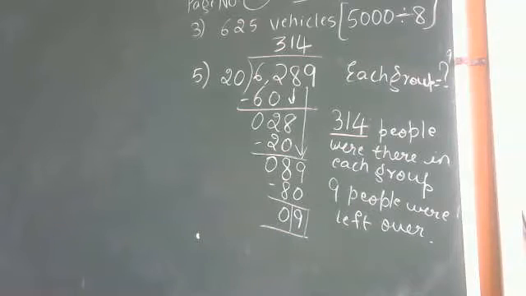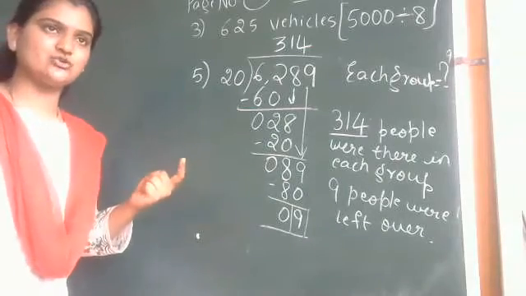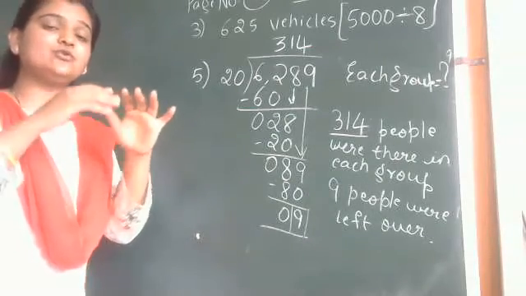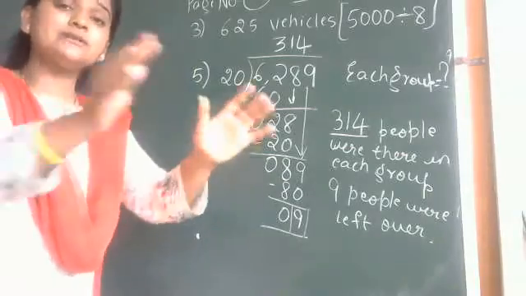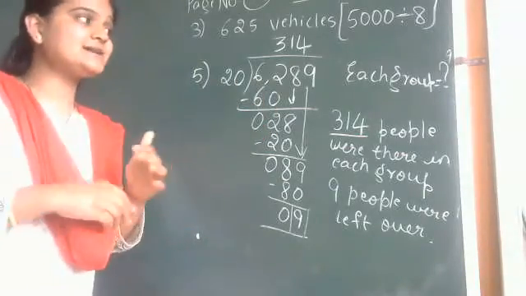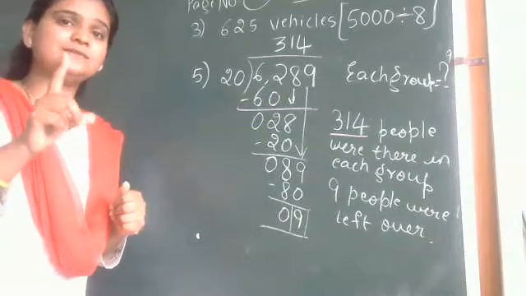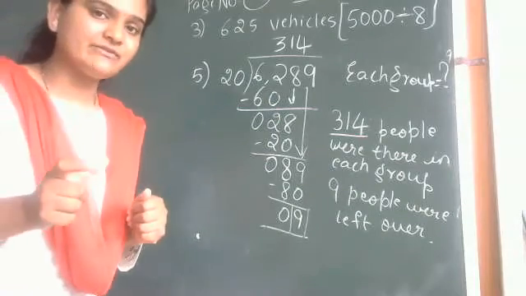Okay. Yes, this is how you will have to find out the solution to calculate how many people were there in each group. Okay, so whenever they give you lump sum total and they tell you like these were there in total so many people, and they ask you for each group, then it means you have to divide.